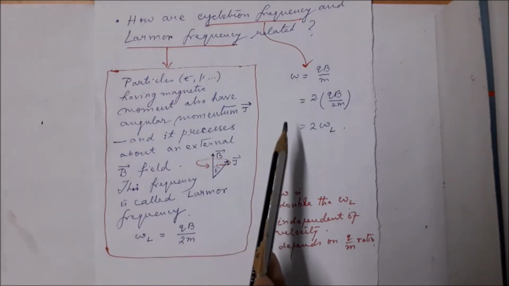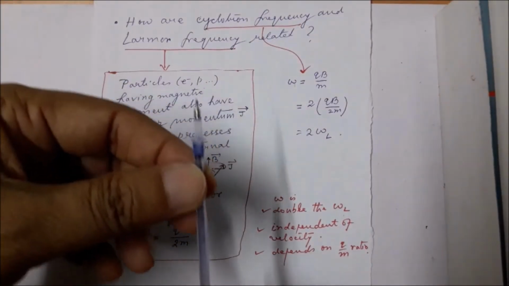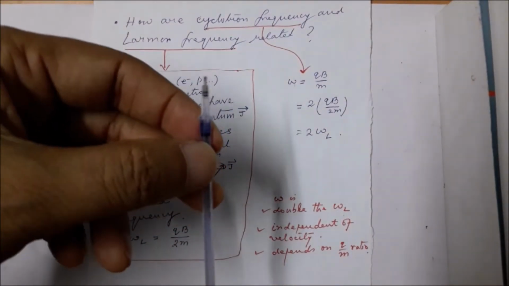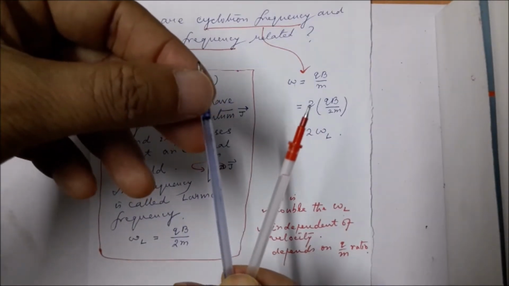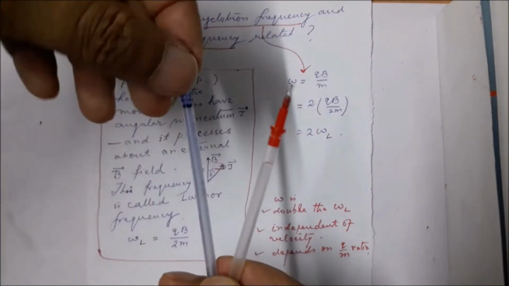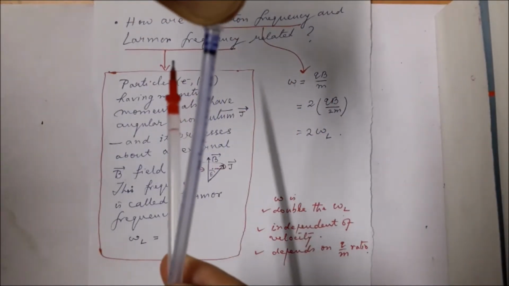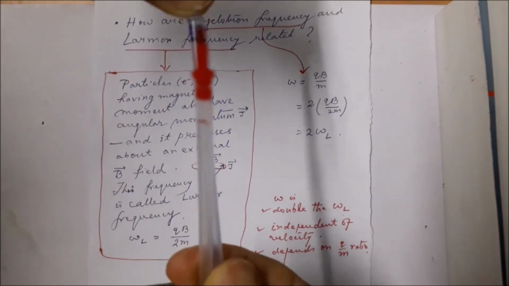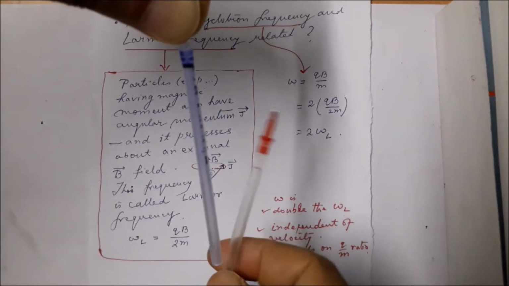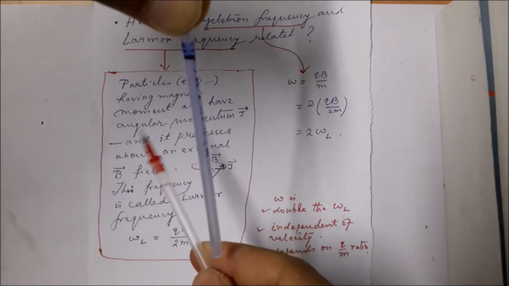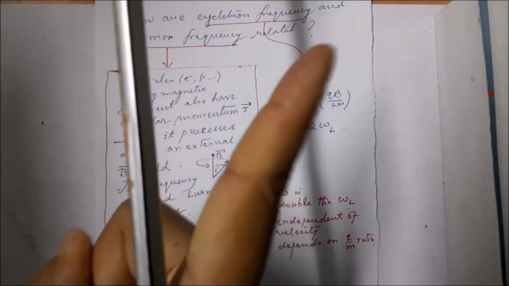The precessional motion can be demonstrated as follows. Suppose this is the magnetic field direction and this is a vector J, which is the rotational axis of the body. Now at some moment J is here, then it goes there, it comes here, it goes on top and then again returns here. So this type of motion is called precessional motion of the body with respect to the field direction. So this is called precession.